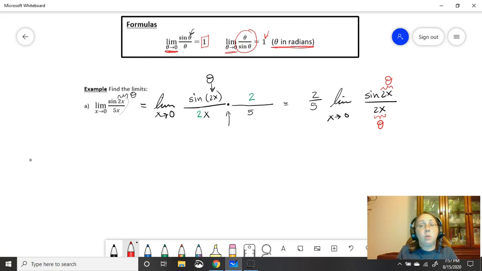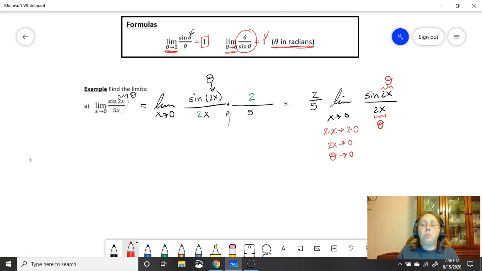We needed theta to go to 0. Is the theta, the 2x, going to 0? Well, let's find out. If x is going to 0, what is 2 times x going to? Well, it's going to 2 times the 0. So that means 2x is approaching 0, so theta is approaching 0.